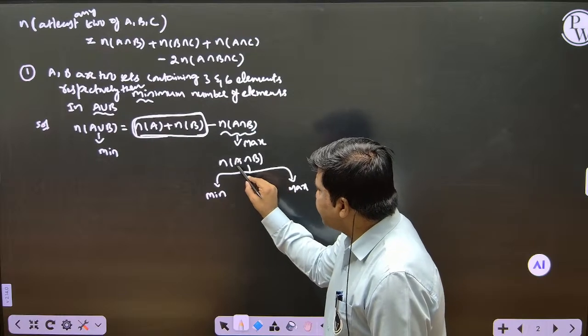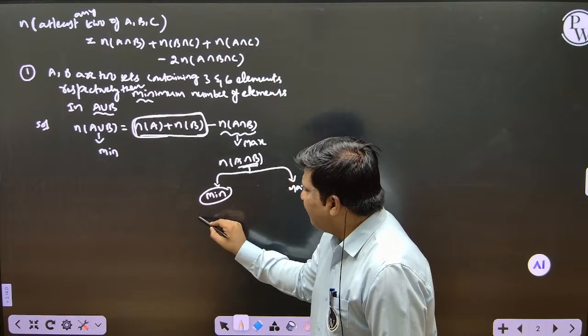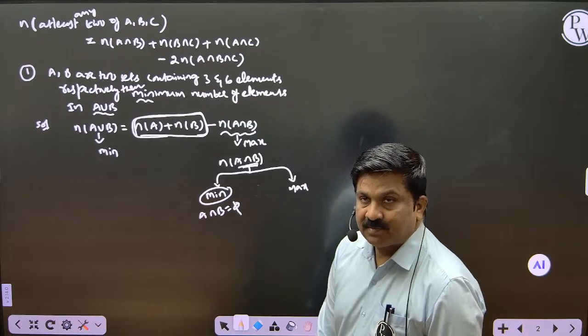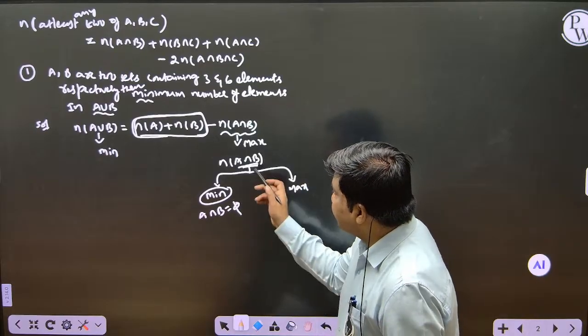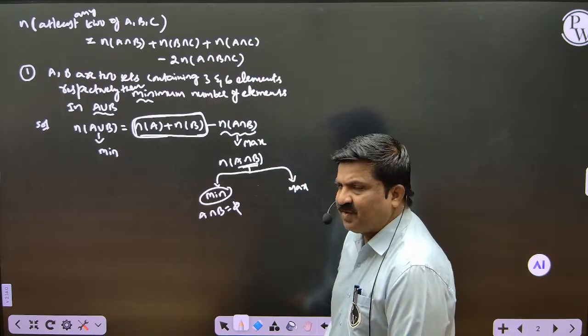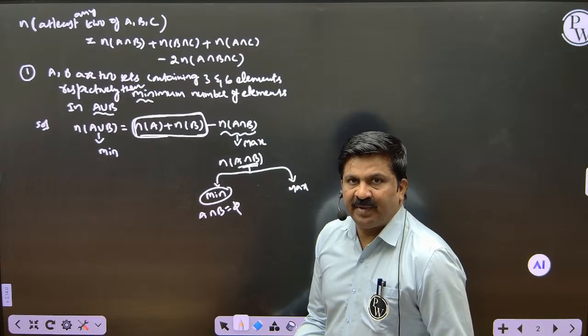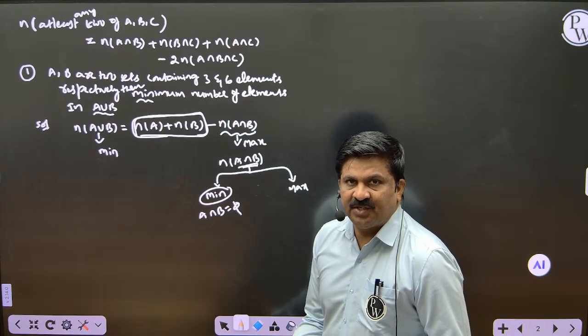A intersection B is a minimum whenever A intersection B is equal to phi. Then only the number of common elements is 0.